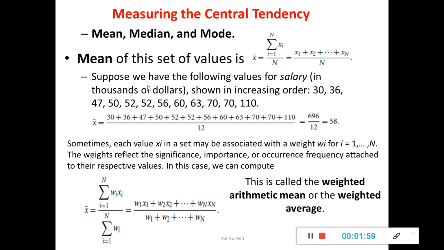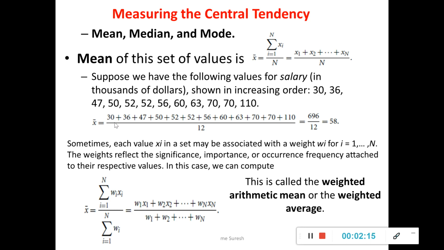And sometimes this mean is given a weightage. That means every sample, every data object in a data set is given some weightage which determines its significance or importance with respect to the frequency of occurrence.